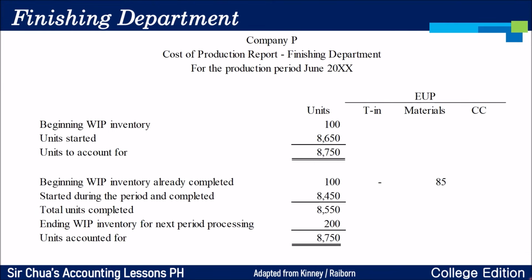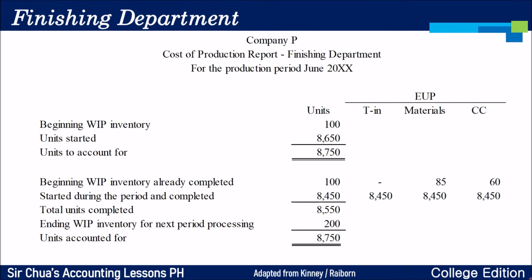So, 100 units times 60% is 60. However, yung natapos mong 8,450, totoo naman, tapos mo agad talaga. So, lahat is 8,450.